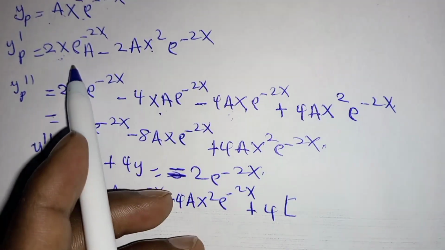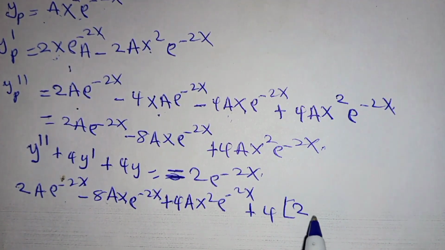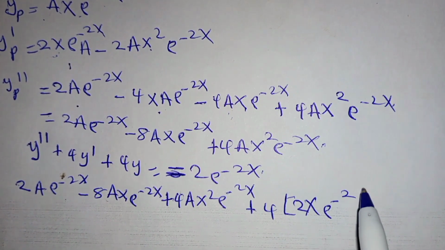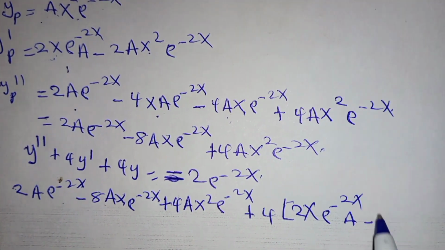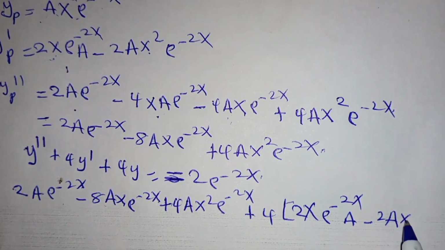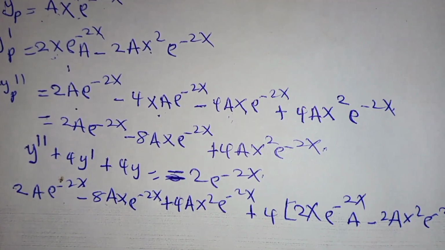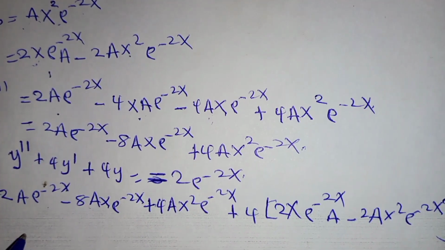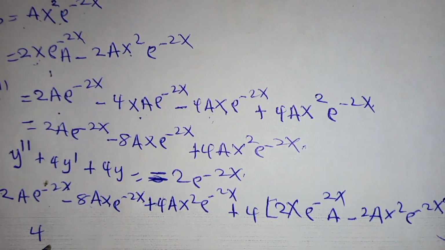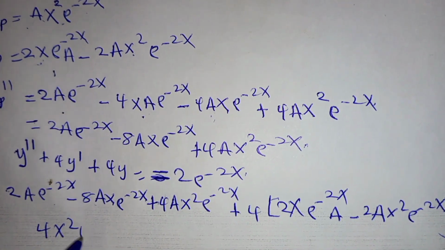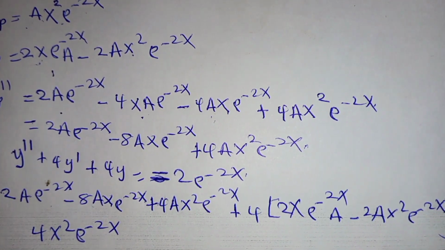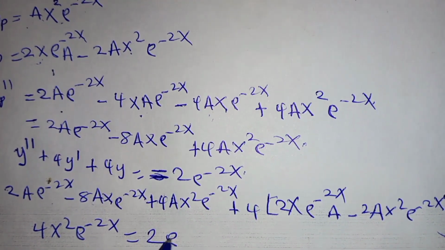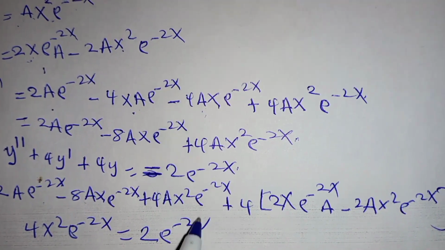Y single prime is here, 2ax exponential negative 2x minus 2ax squared exponential negative 2x, plus 4ax squared exponential negative 2x. This is equal to 2 exponential negative 2x.